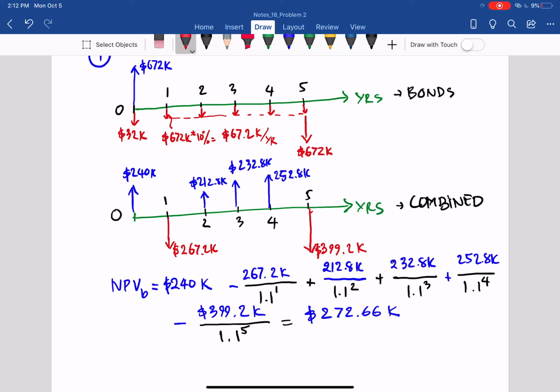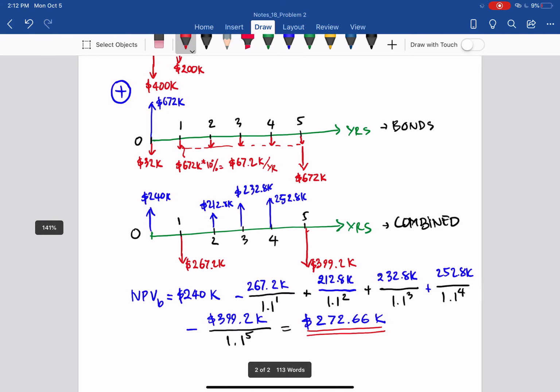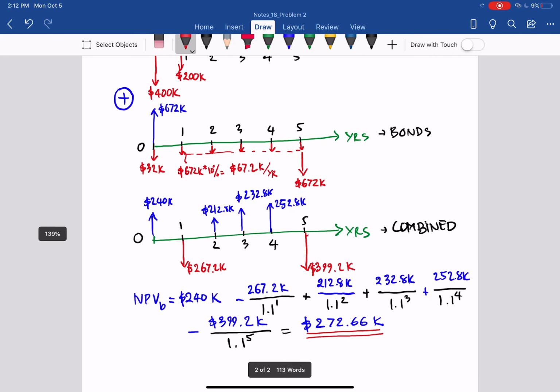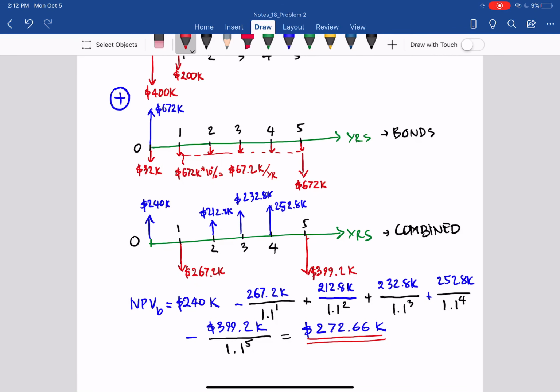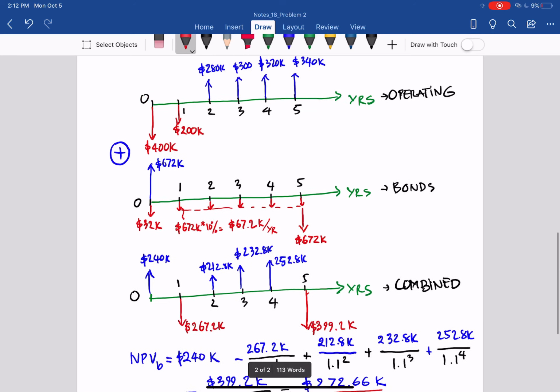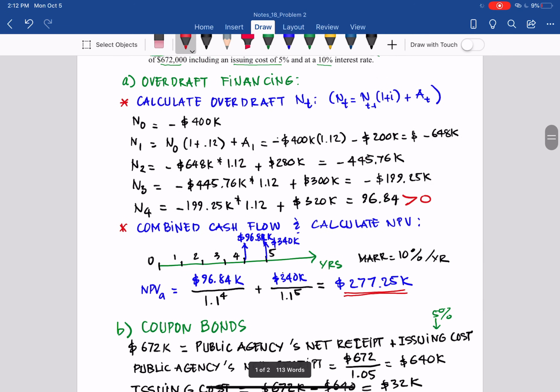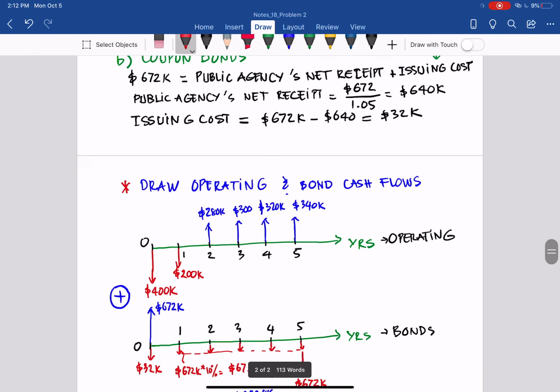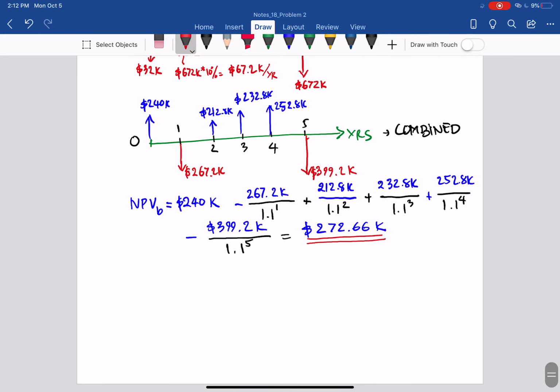So given F over P, we get this equal to 272.66K. So with this financing scheme, where we use the bond to finance the project, the net present value of the project for the public agency is 272,660 positive. It means financially viable. But we want to compare which one we prefer. The first one is overdraft financing, 677.25. Coupon, 672.66. So you see overdraft financing is preferred because the NPV is bigger.